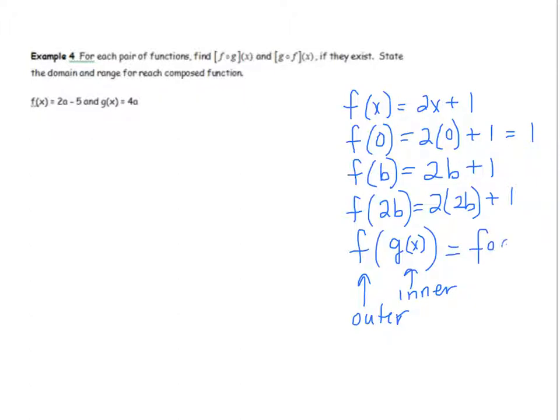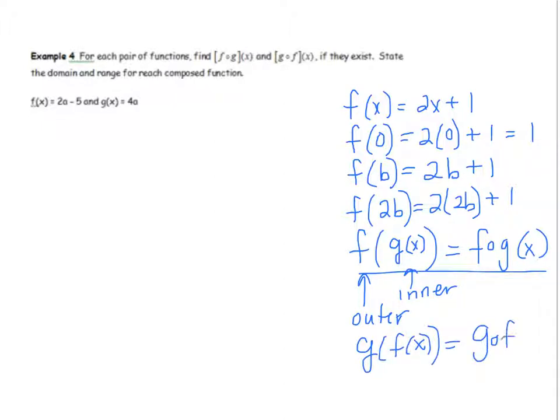It's got that little o between it. It's not really an o. People call it fog because it's funny, but it's really just a tiny circle, and it's f of g of x. And so these two notations mean the same thing. So if I have g of f of x, that would just be written this way.